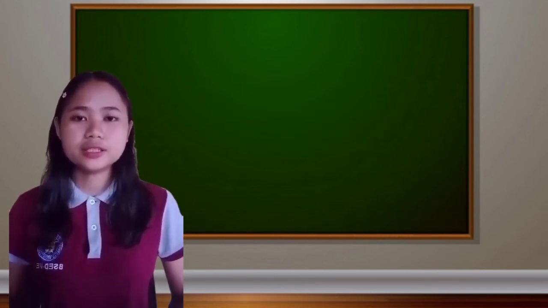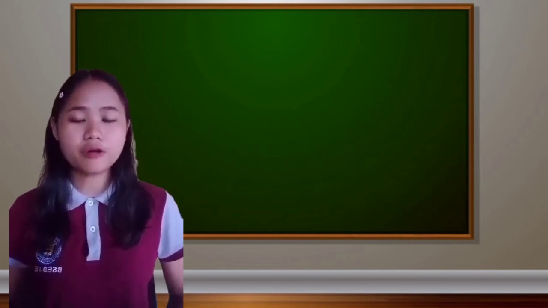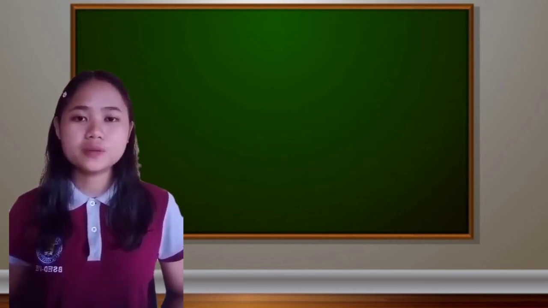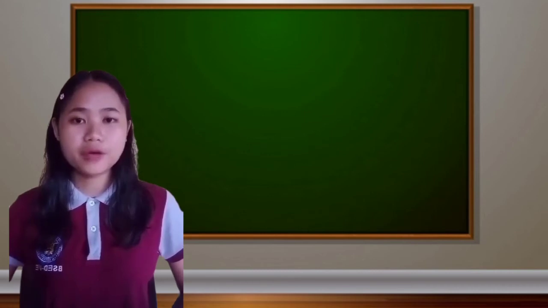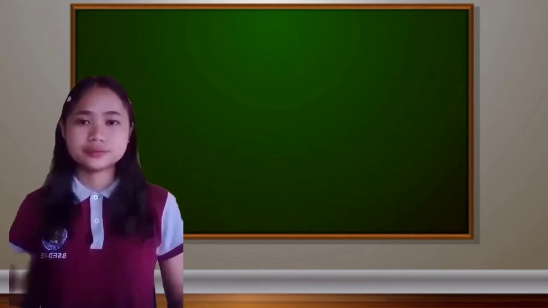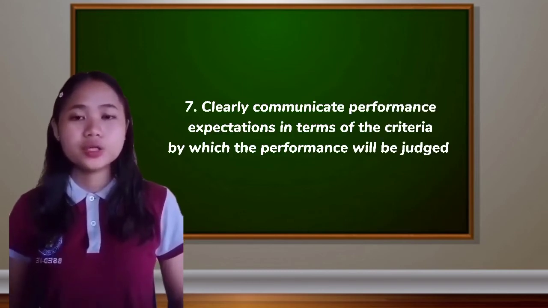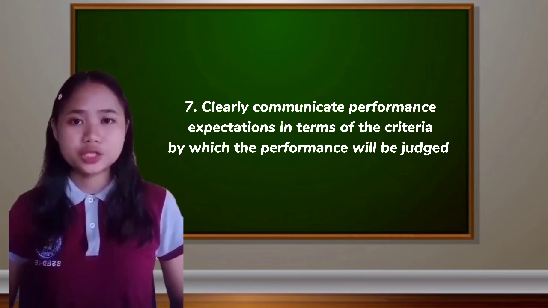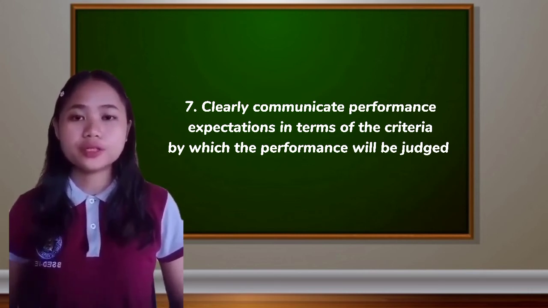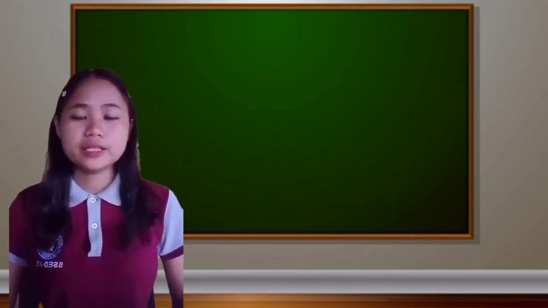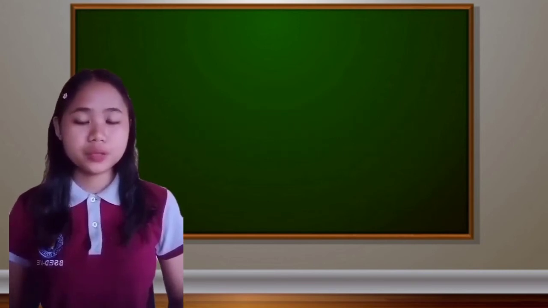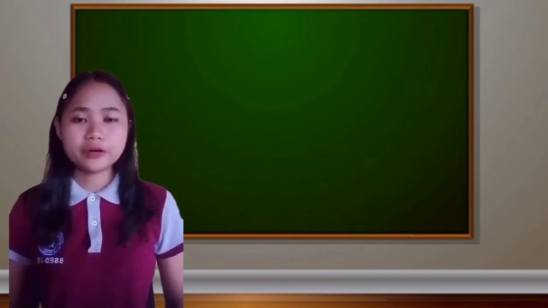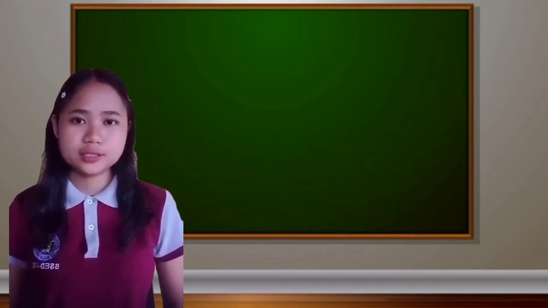Vague directions can lead to such a diverse array of performances that it becomes impossible to rate them in a fair or reliable fashion. Sixth, clearly communicate performance expectations in terms of the criteria by which the performances will be judged. Specifying the criteria to be used in rating performance helps clarify expectations for students.